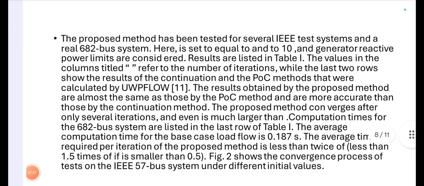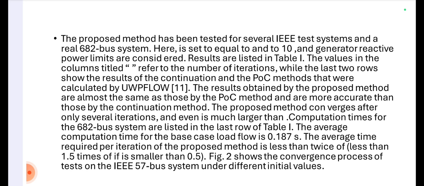So, the proposed method has been tested for several IEEE test systems and a real 682 bus system. Here epsilon is set equal to 10. The generator reactive power limits are considered. Results are listed in table 1.